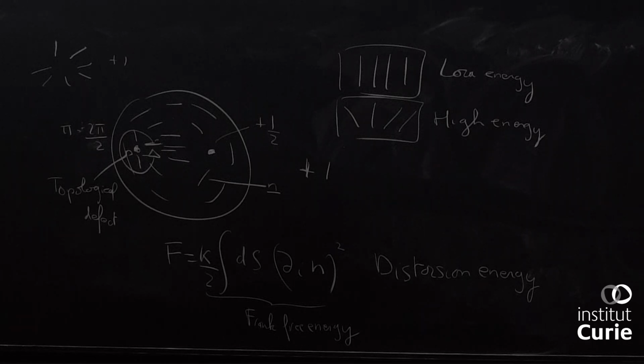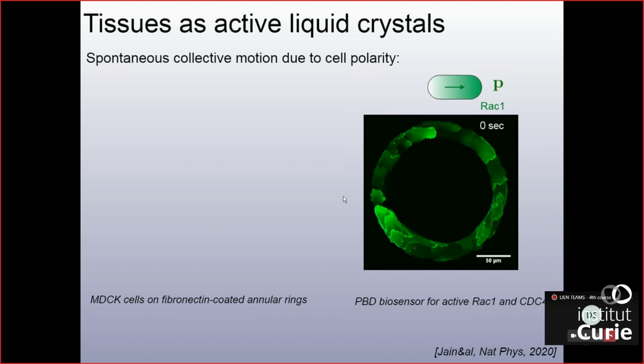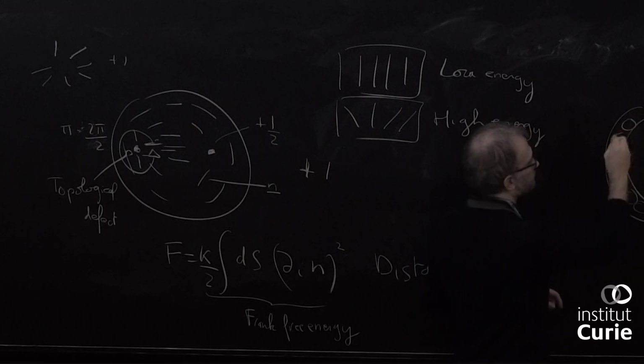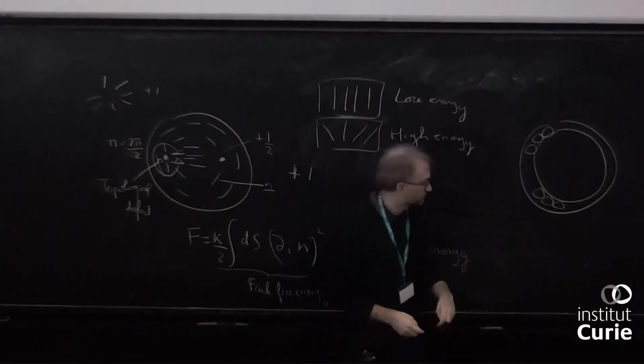Another example from a recent work of Benoît Ladoux. Okay, so here they culture these cells, MDCK cells, on an annular ring, okay, and the cells divide, and as they divide, they form these little trains of connected cells.